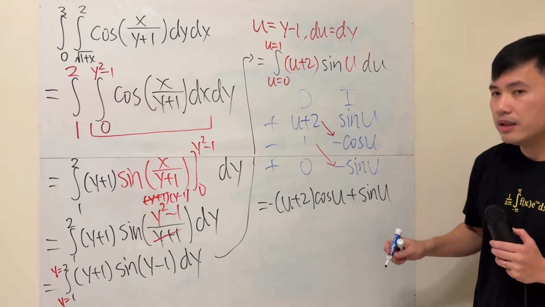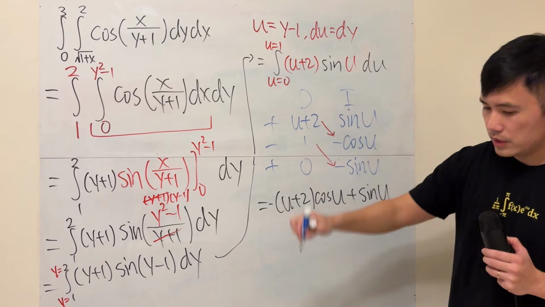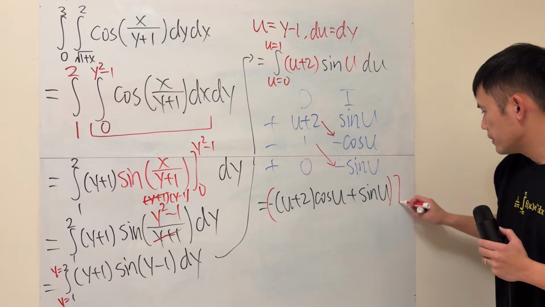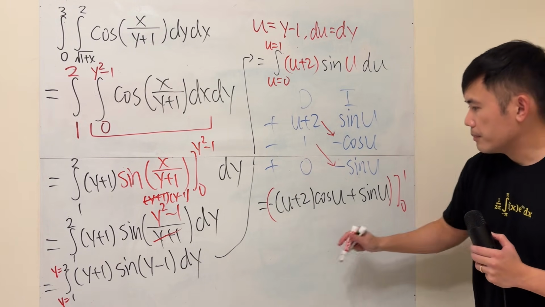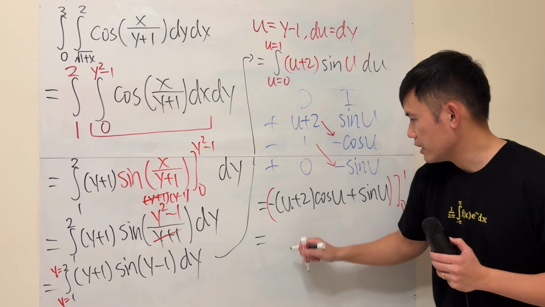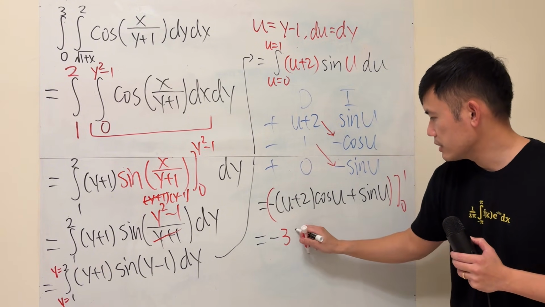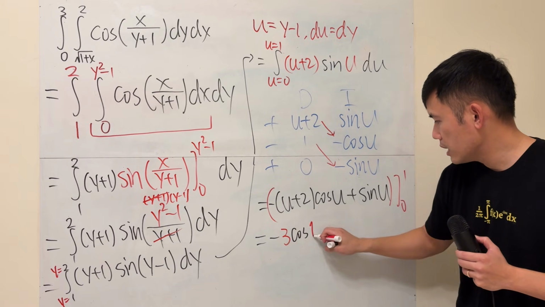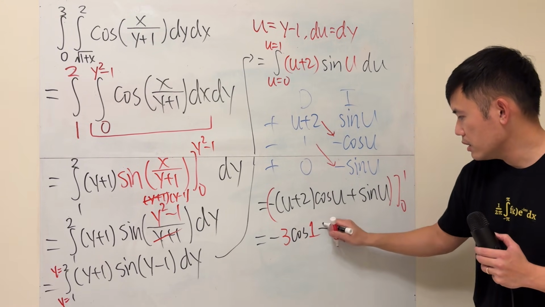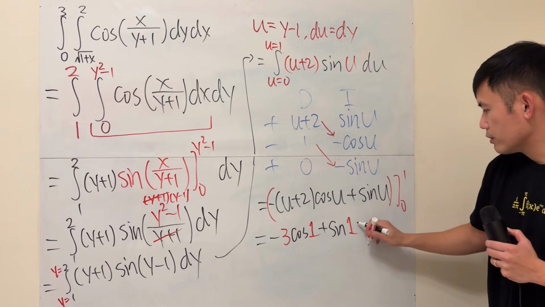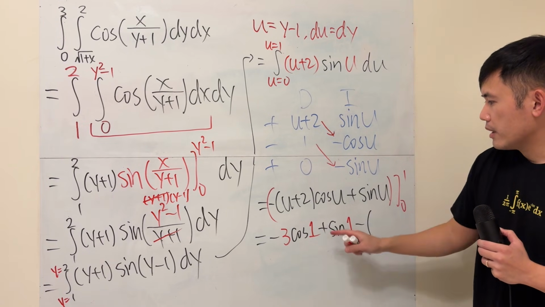And then at the end, we have to plug in 0 and 1. Okay, plugging 1 first. This here we have a negative, so we have a negative 3, and then cosine 1, and then plus sine 1. So far so good. And then we have to minus, plugging 0.